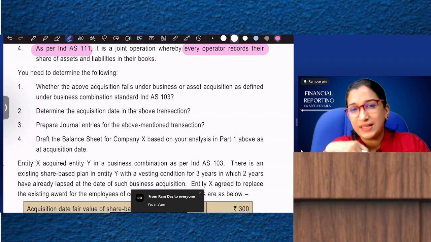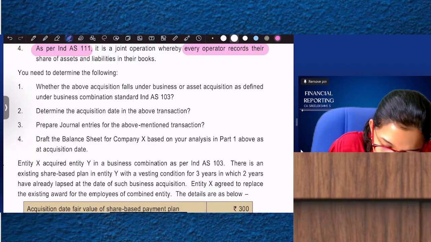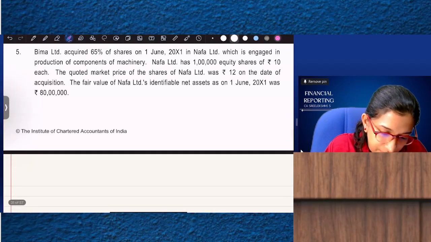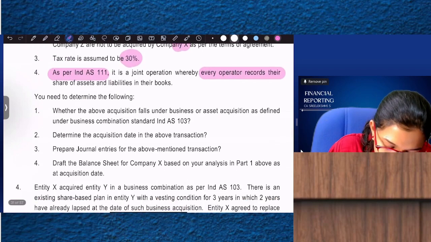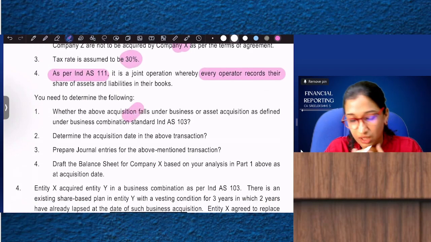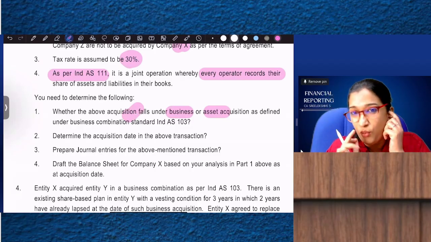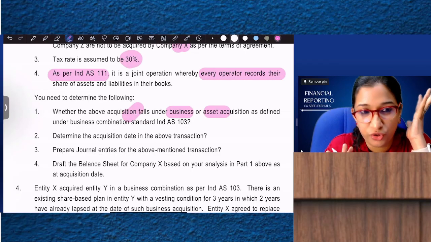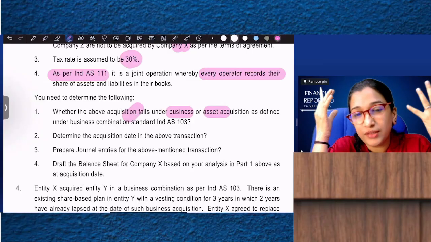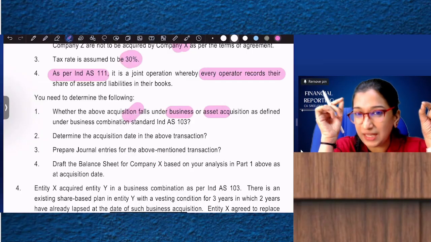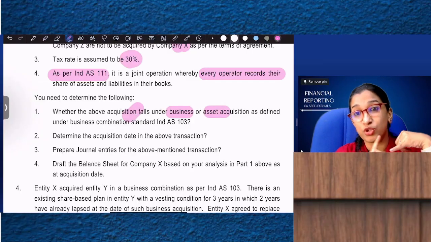Now my question is this: does this acquisition fall under business or asset acquisition? As per IND AS 103, to apply its provisions there should be a business.